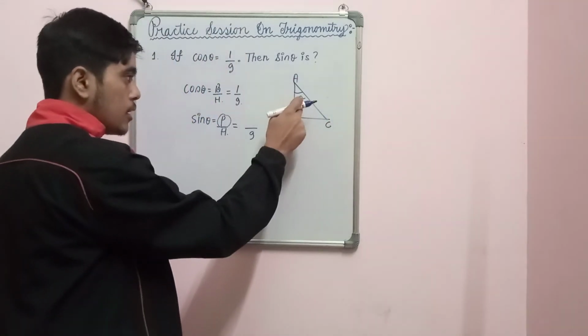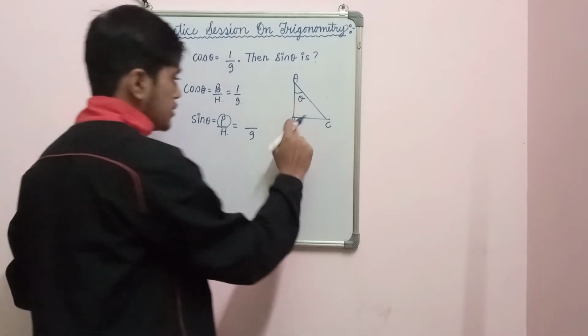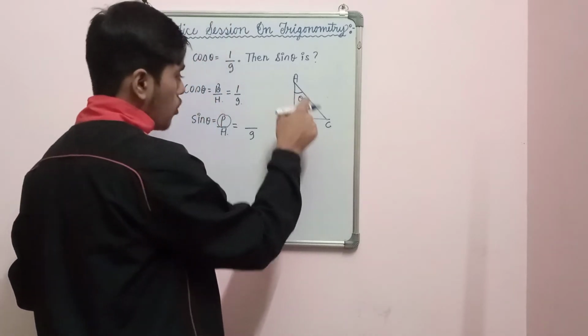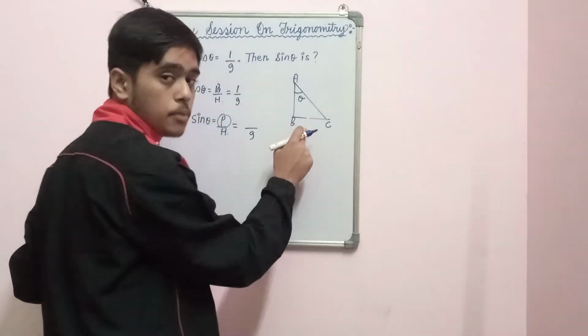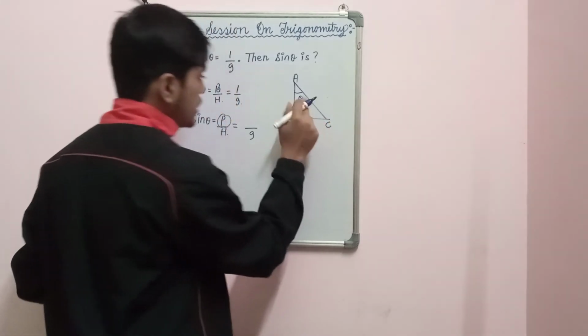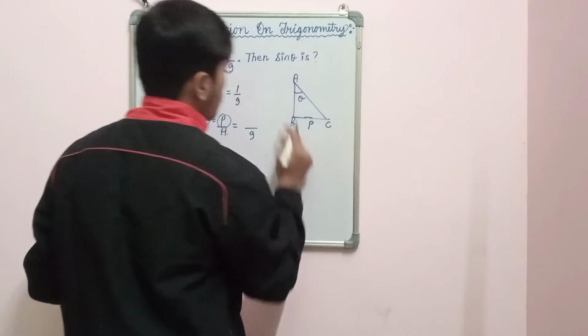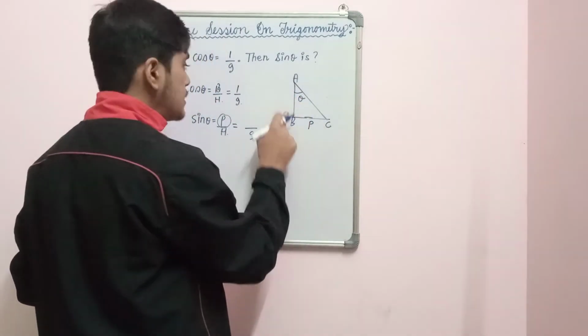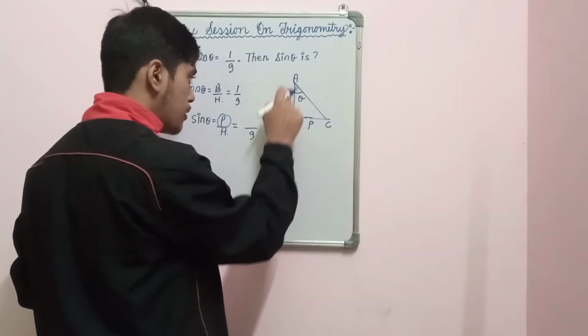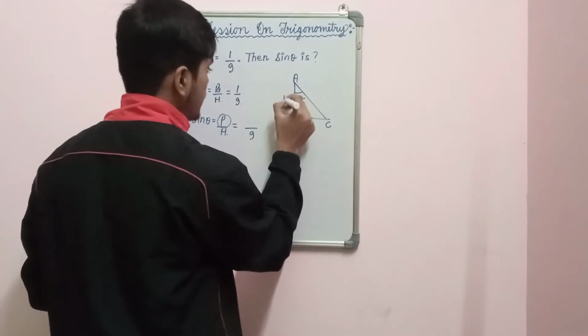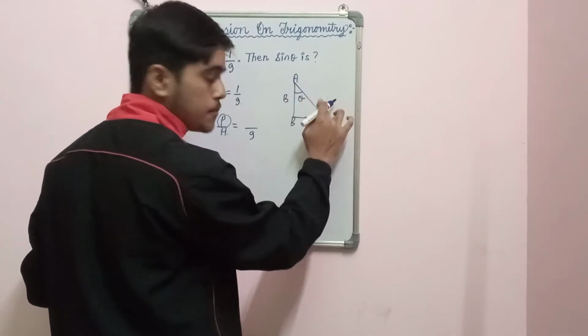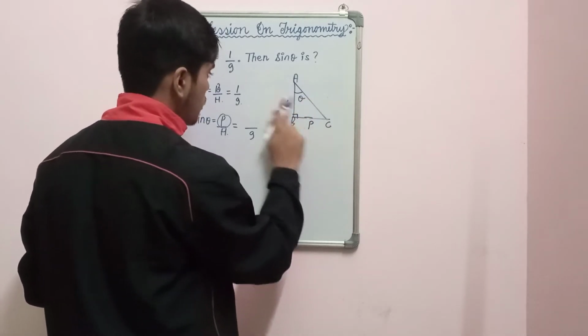The side which is opposite to the given angle is perpendicular, and the segment through which the angle is attached is known as base.